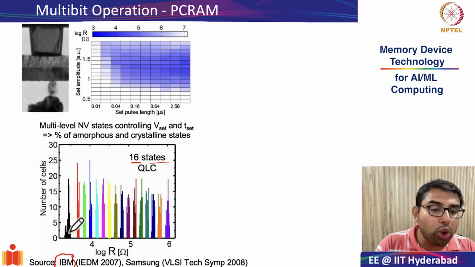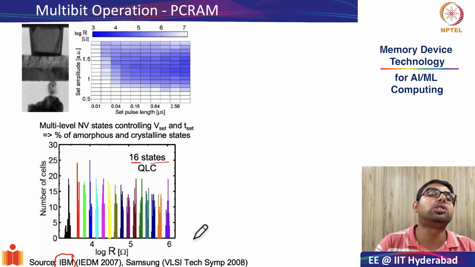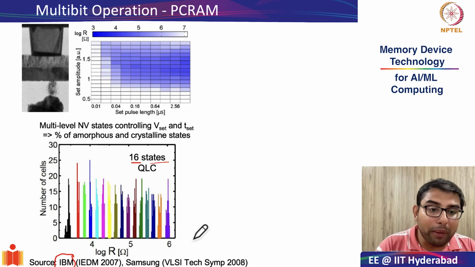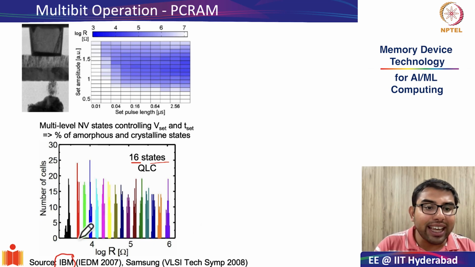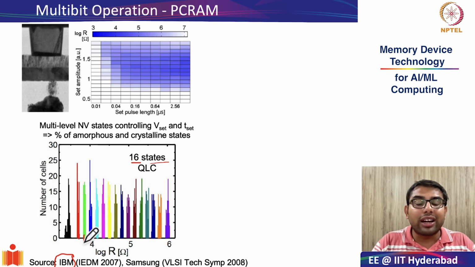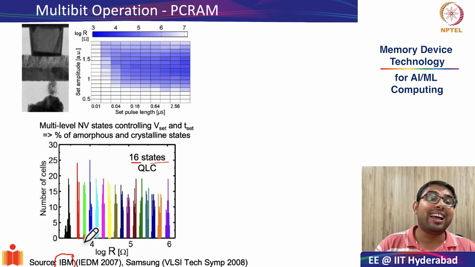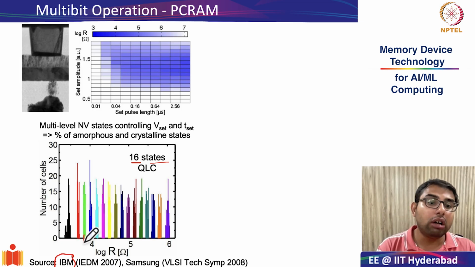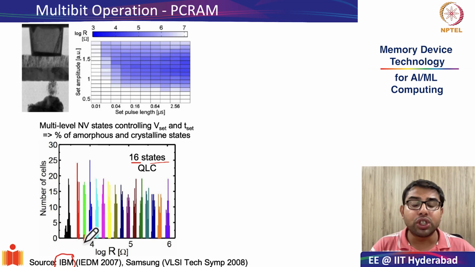So as you can count over here, there are 16 states spread over almost 3 to 4 orders of magnitude. And what is also remarkable is the spacing between the resistance values of neighboring cells is more or less linear. So this was a wonderful observation by IBM labs.